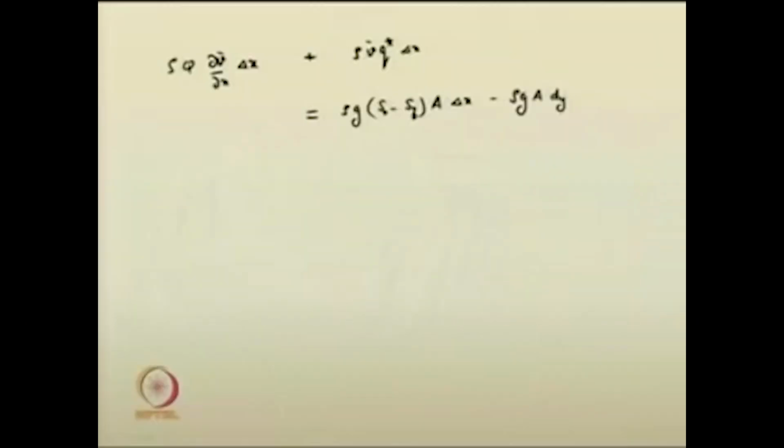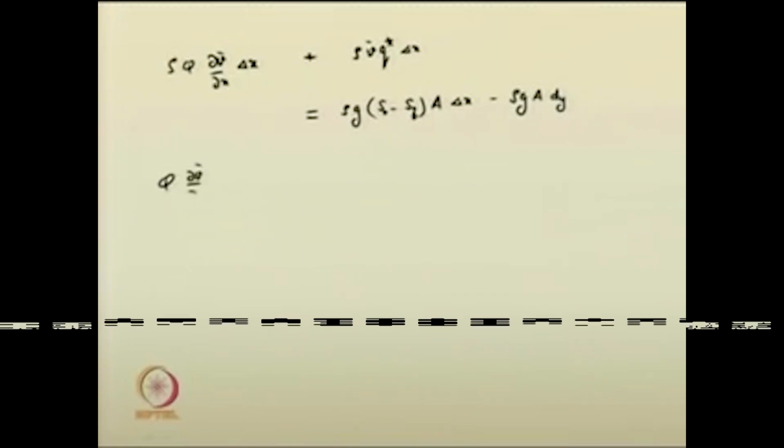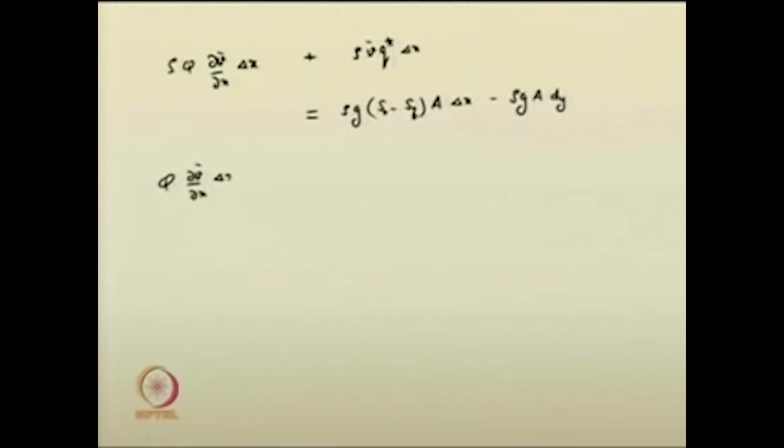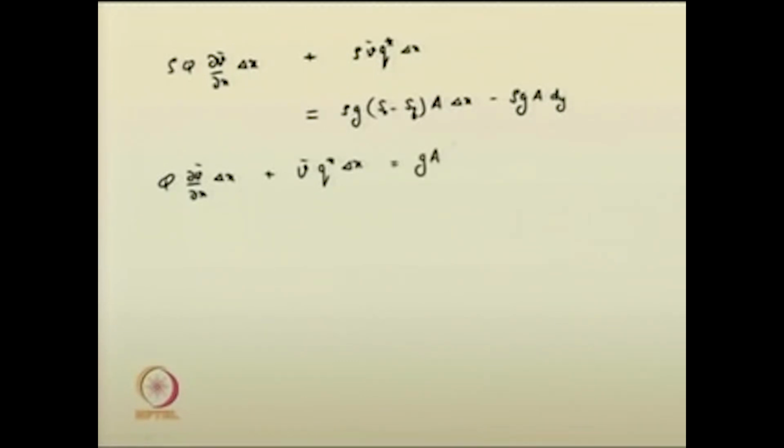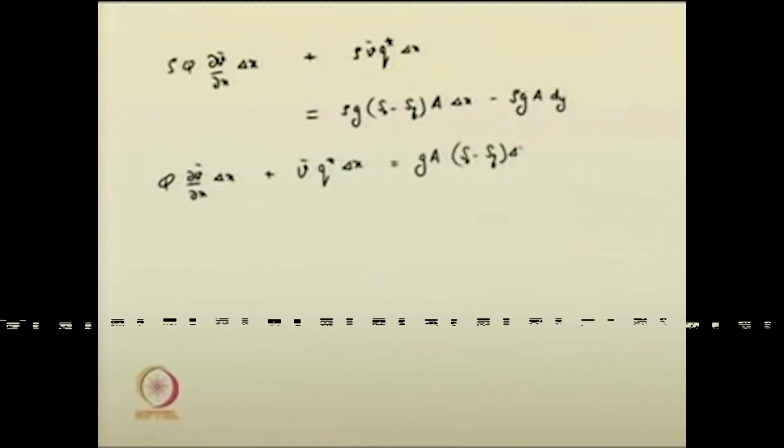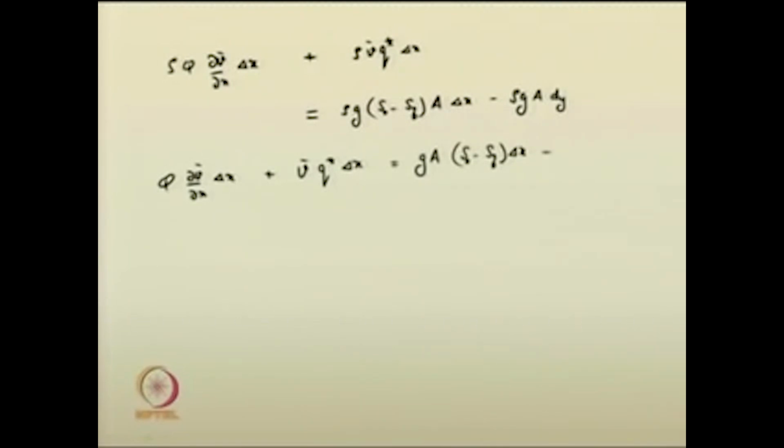This equation gets simplified into Q dou v by dou x into del x plus v Q star into del x equal to g A (S_0 minus S_f) del x minus g A dy.